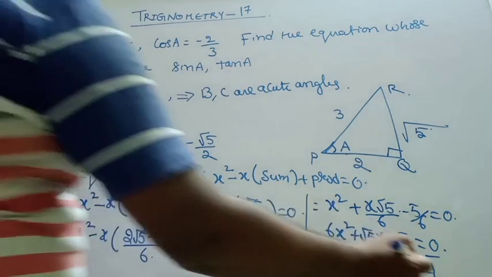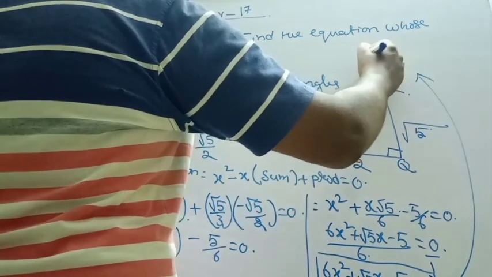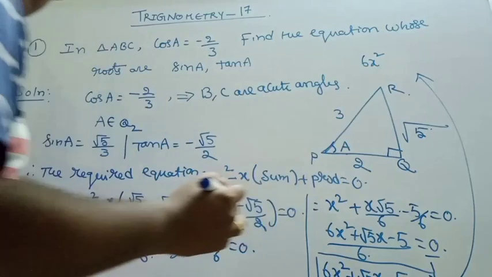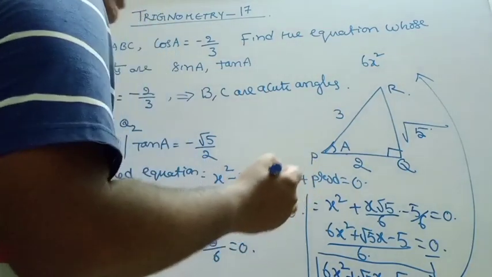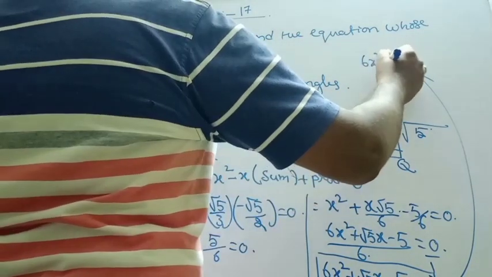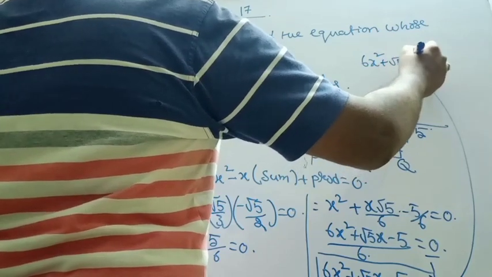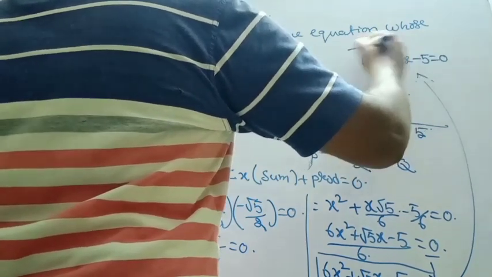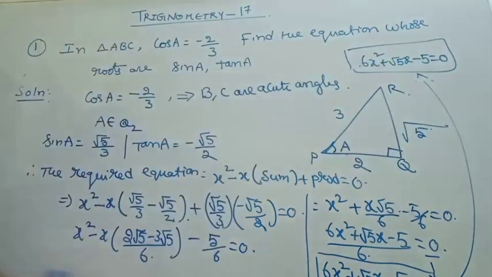That means, you see, I am writing here 6x squared plus root 5 x minus 5 is equal to 0. This is the required quadratic equation we are getting.